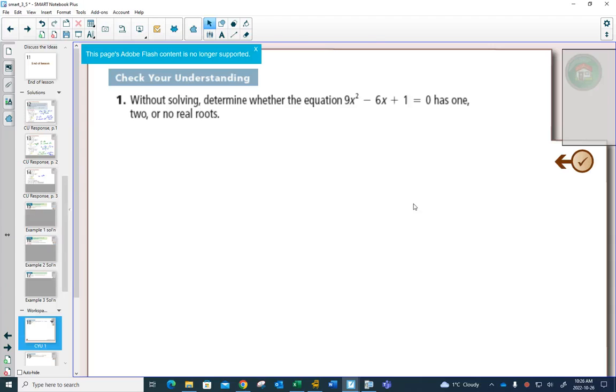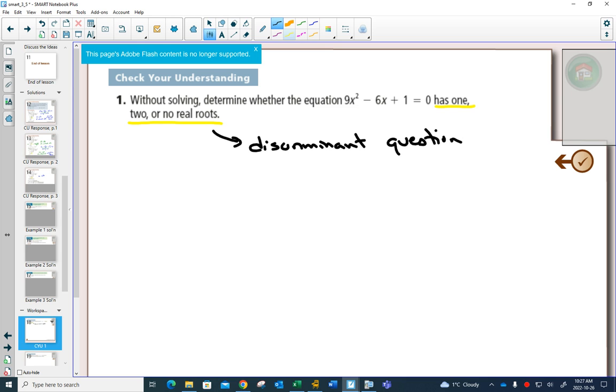So in this question, without solving, determine whether the equation has, and whenever a question talks about the number of roots, it's giving you a hint, hey, this is a discriminant question, because the discriminant tells us about how many roots there are. This is asking: does it have 1, 2, or no roots? So it's a discriminant question.